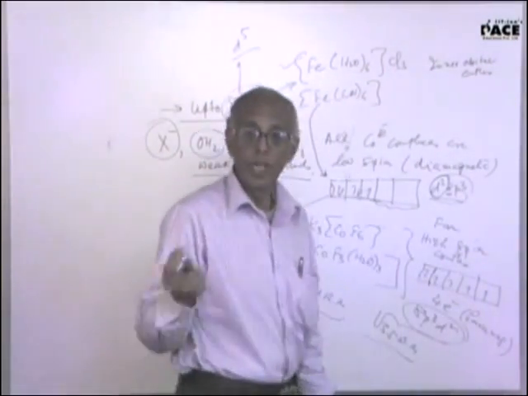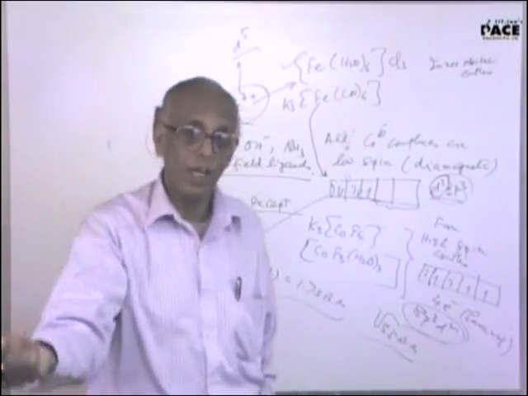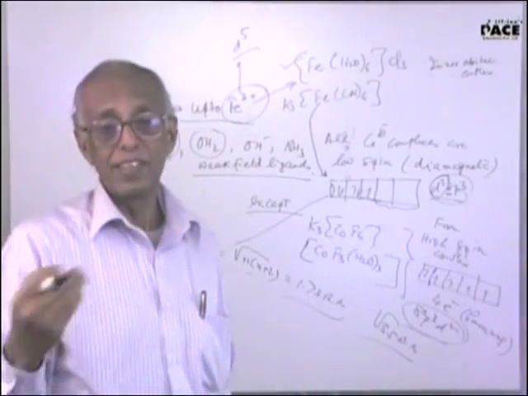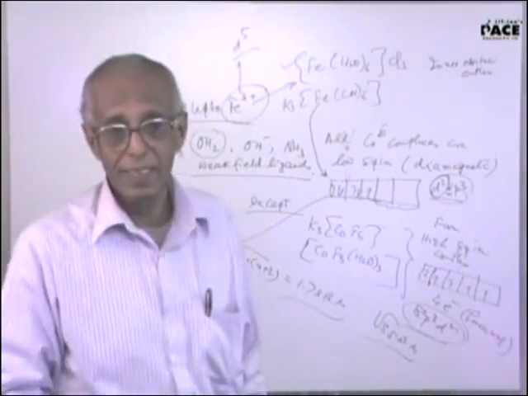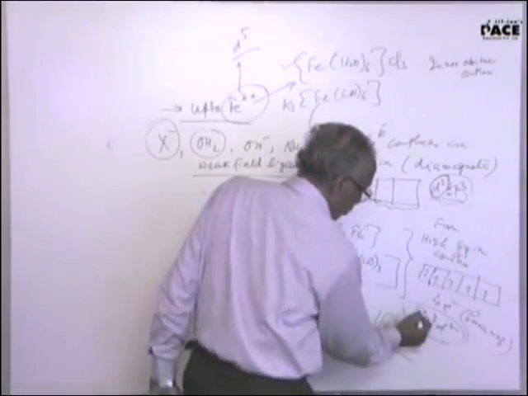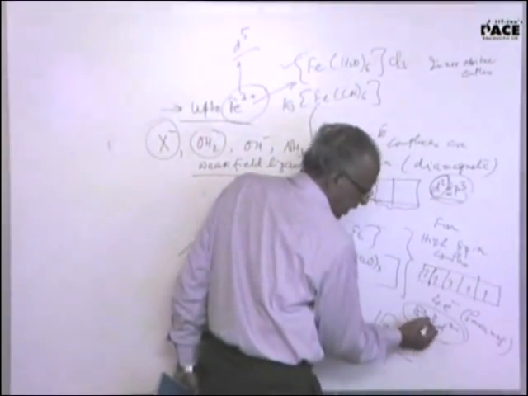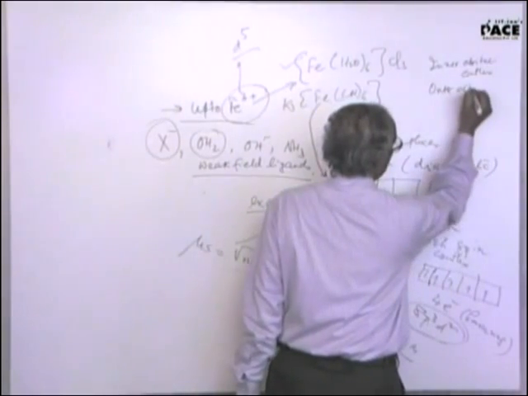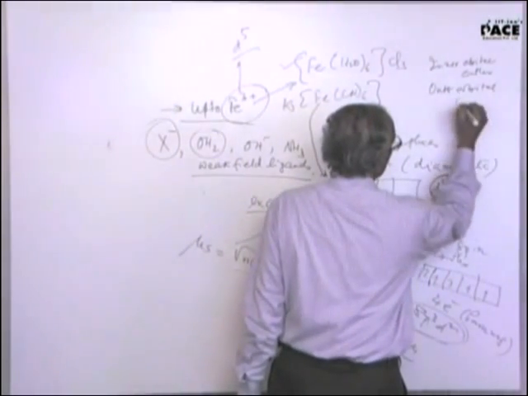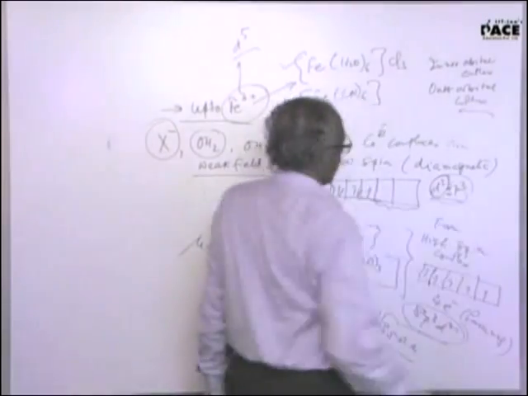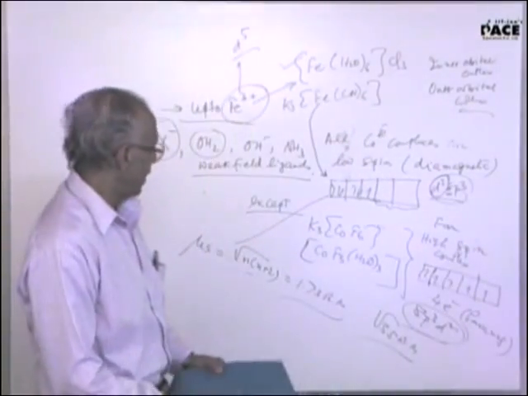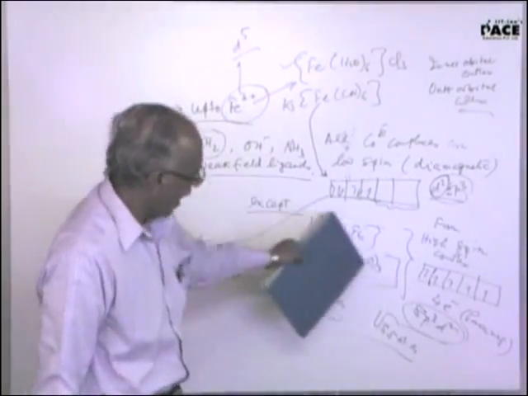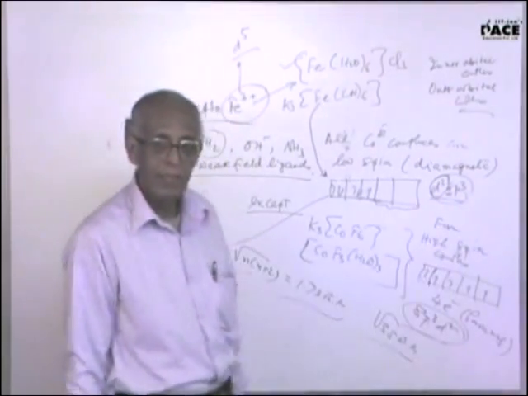And when you use the outer d orbital, that means the d comes after s and p, like sp3d2, then it is an outer orbital complex. So now you can see that this forms an outer orbital complex.